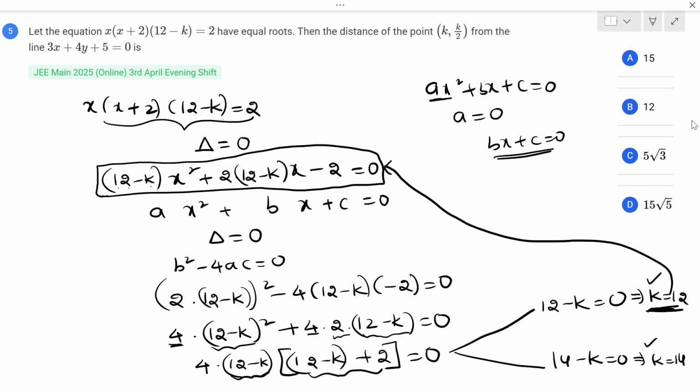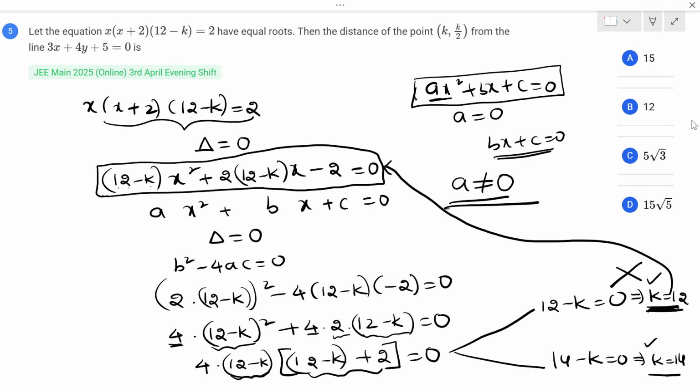It is a linear equation. So when the question is on quadratic equation, can I have a is equal to 0? Not at all. A should never be 0, which means that k should never be equal to 12. Why? Because if k is equal to 12, coefficient of x square, that is a, is becoming 0. So k is equal to 12 is an invalid value.